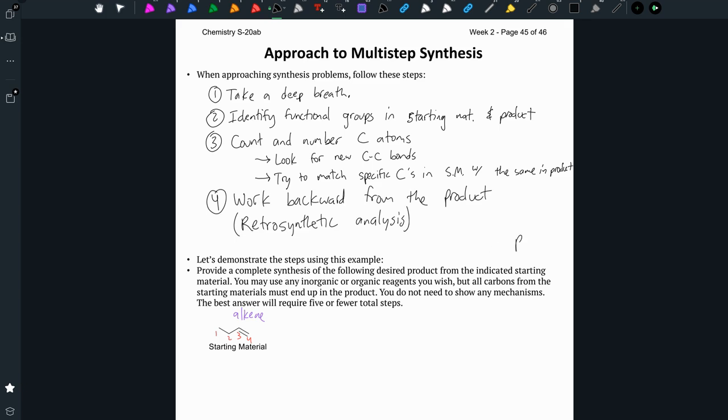Organic chemists tend to use a wide arrow that looks like this as what we call our retrosynthetic arrow, anytime we are starting with a product and thinking backwards to a potential precursor molecule. So when you look at answers for these, you'll often see me use those. That's what they mean. It's just a sign that I was working backwards when I thought that way.